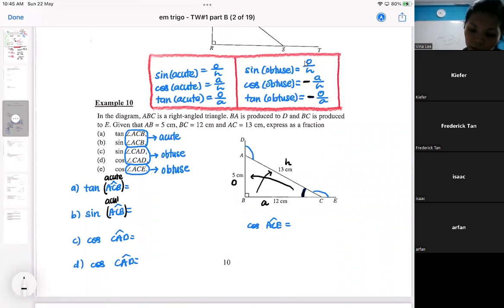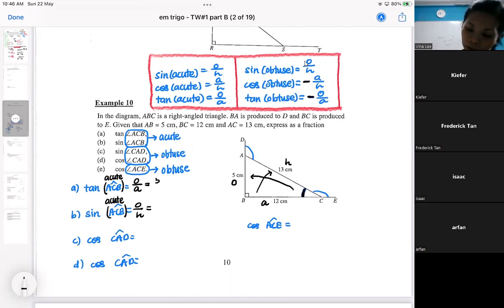The acute angle is what you learn in your Sec 2 work. So it's just a direct O over A. It's just a direct O over H. So there is no calculation. You just need to identify your OAH.